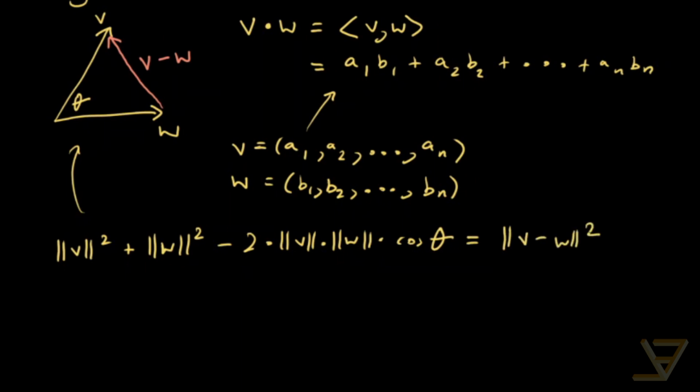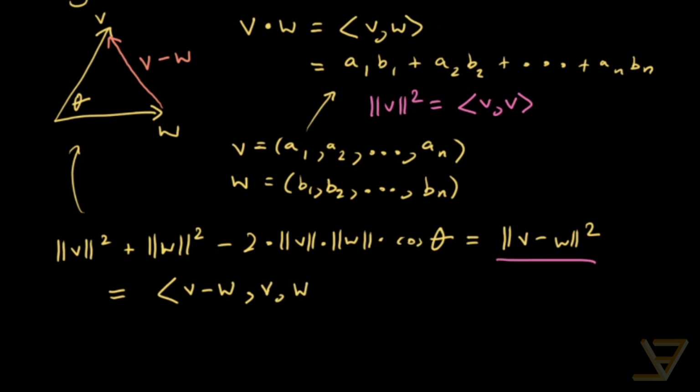And now we're going to use a certain property of the inner product, which states that the norm of V squared is equal to the inner product of V with itself. So we're going to apply that to this, and that tells us that this is equal to the inner product of V minus W, comma, V minus W.